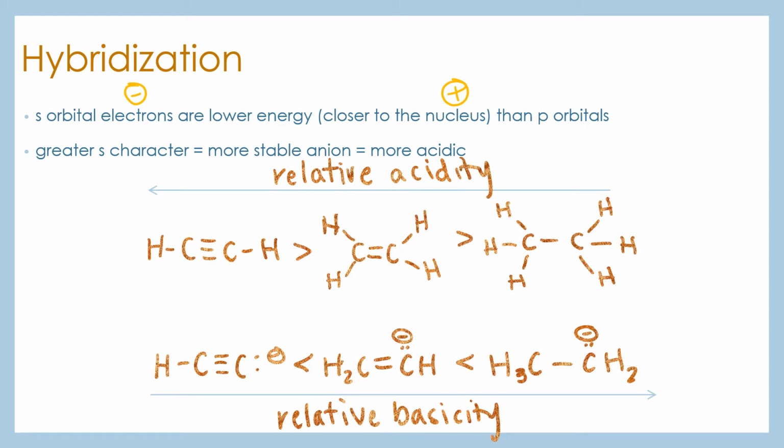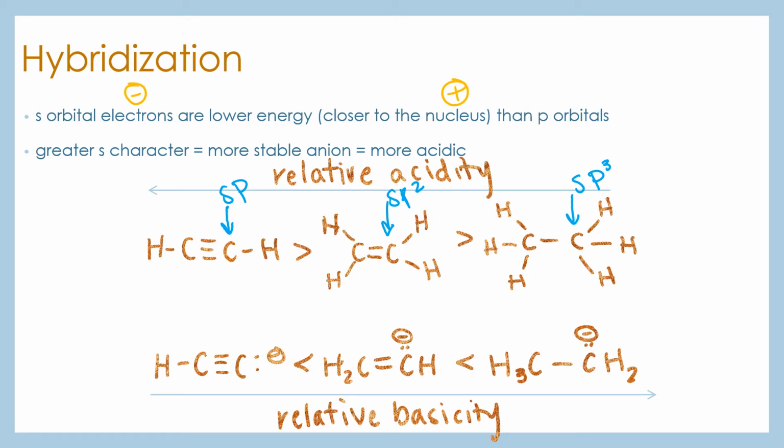So let's take a look at our alkyne. This carbon is sp hybridized. It is 50% s character. When we look at ethene, this carbon is sp2 hybridized. It is 30% s character. And then by the time we get to ethane, we are sp3 hybridized and only 25% s character.